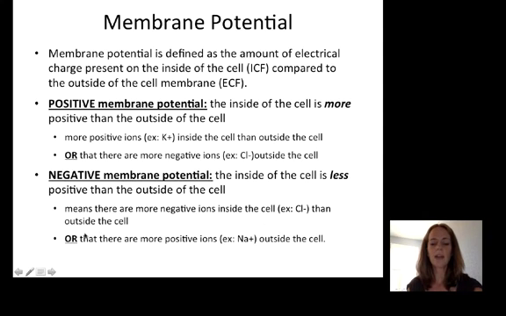Or you could have more positive ions, for example, sodium, outside the cell compared to inside. So again, think about this one for a second, and this is actually the case in neurons at rest. A negative membrane potential means you have fewer positive ions inside the cell compared to outside, or you've got a buildup of positive ions outside the cell.